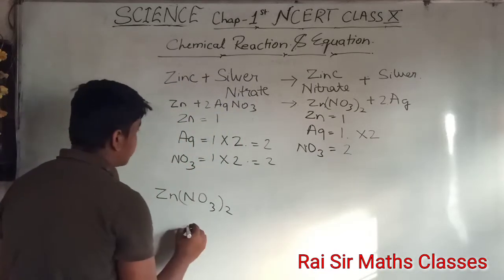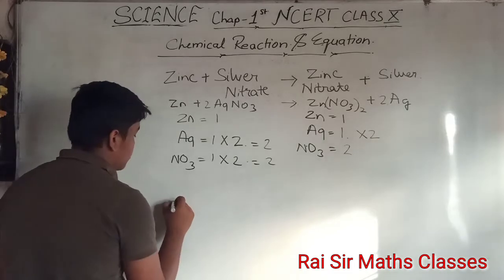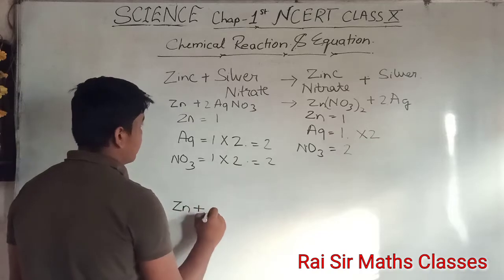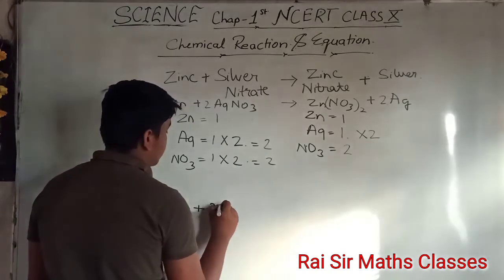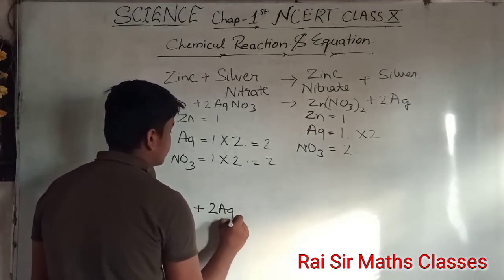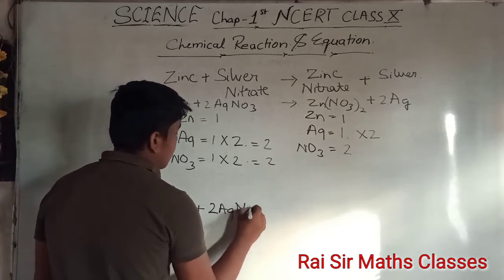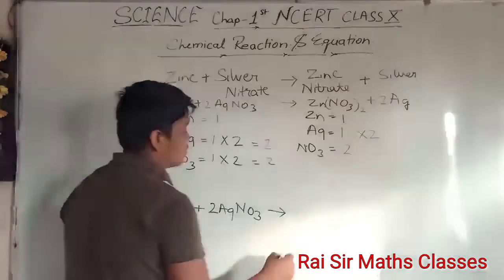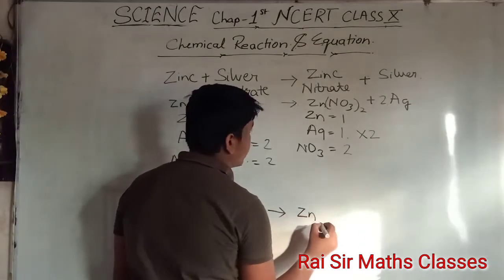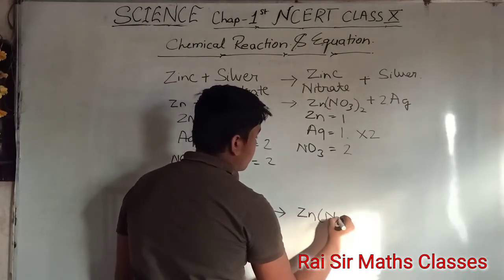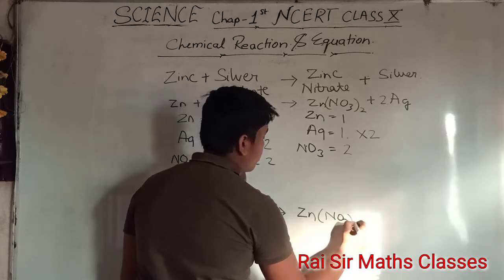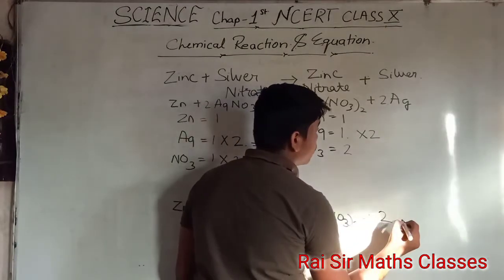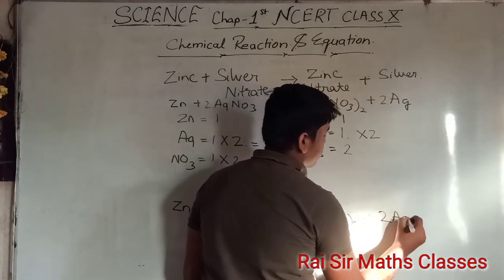So we get Zn, that is zinc, plus 2 AgNO3 will give us Zn(NO3)2 plus 2 Ag.